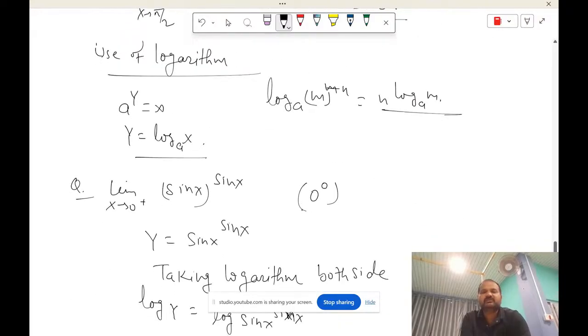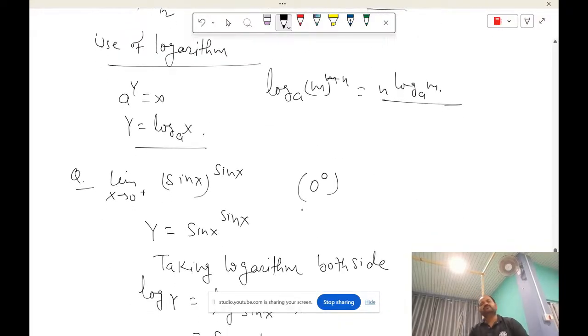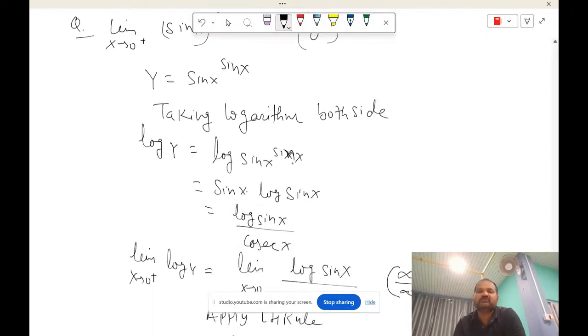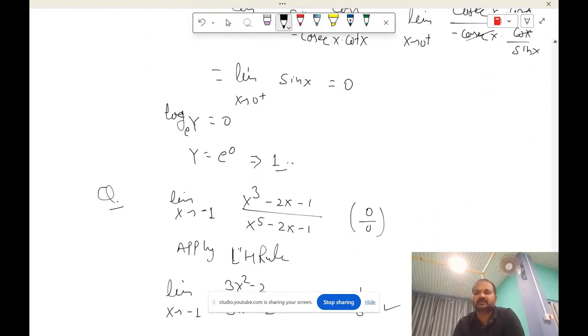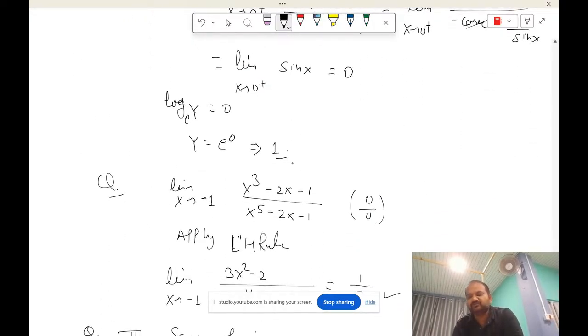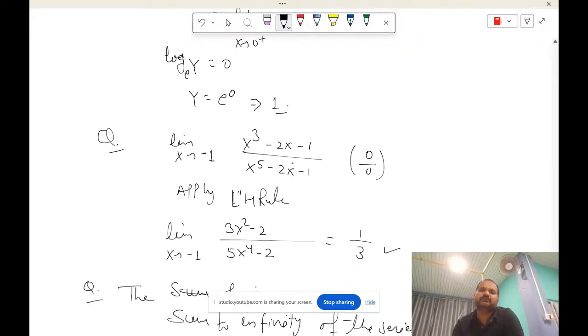We have also seen two examples of solving limit problems using logarithms, if the functions are given in exponential form. We take the logarithm both sides, and if it requires, we apply the L'Hospital rule.